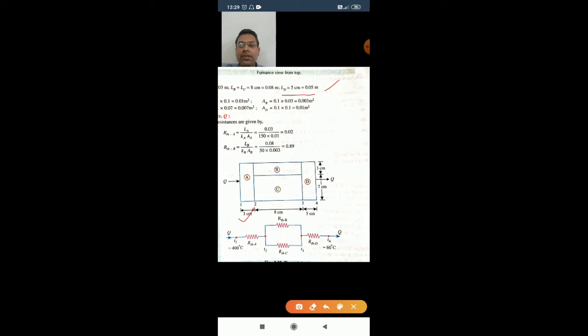Now you can see the area. What I have said is the same, which I have now shown here. What will be the area of A?